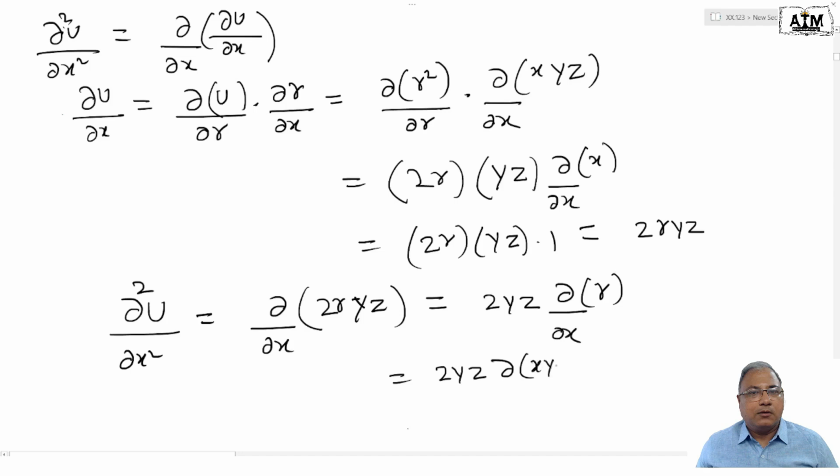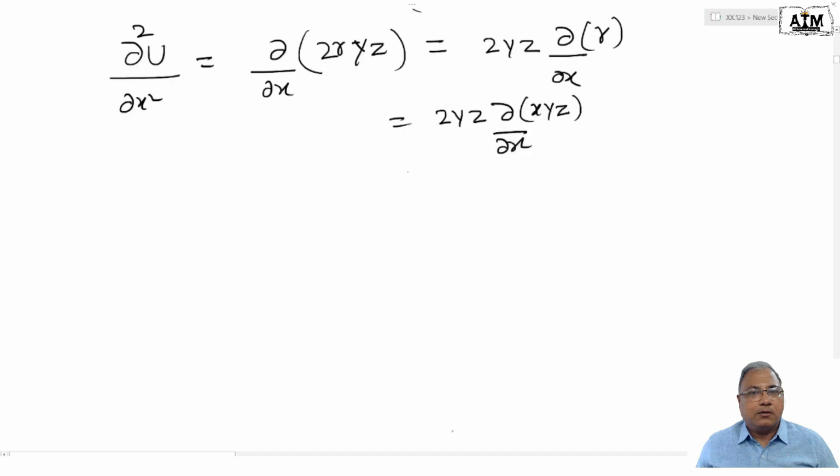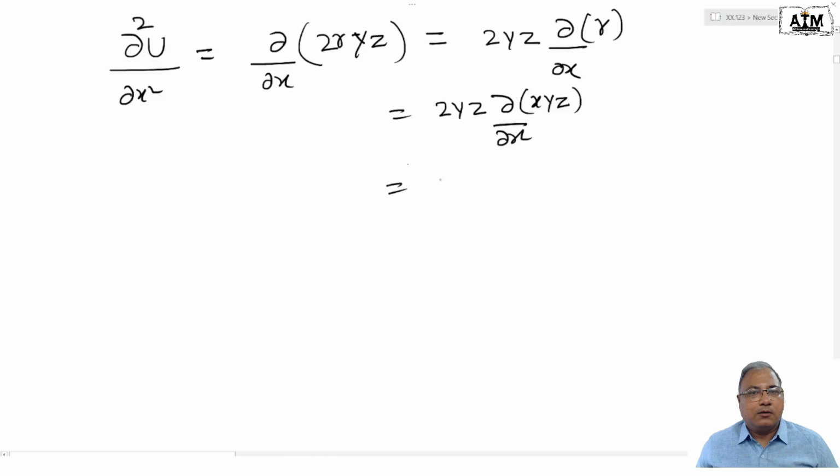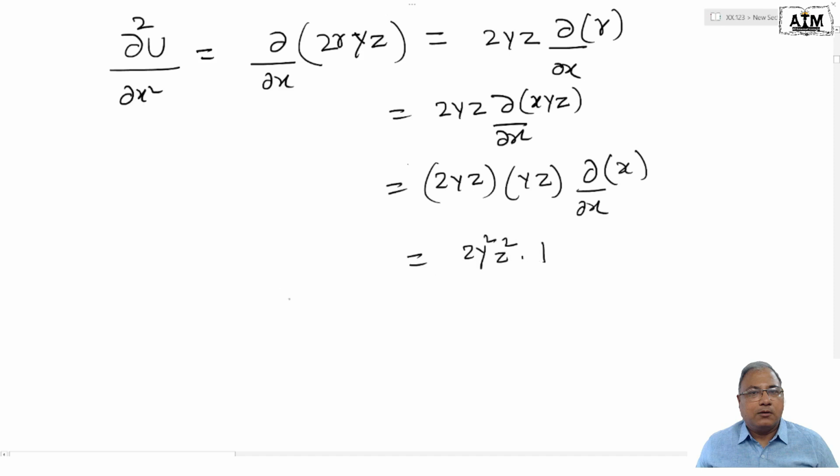So the partial derivative of xyz with respect to x equals 2yz, and again yz is taken out of the operation. We have to do the derivative of x only with respect to x. So 2y square z square multiplied by 1.